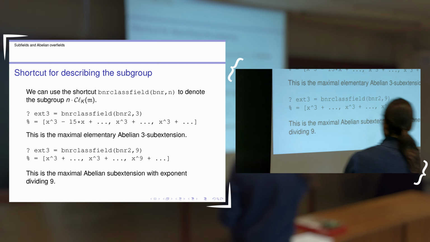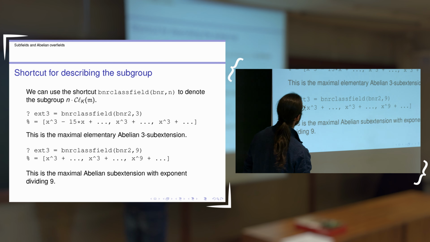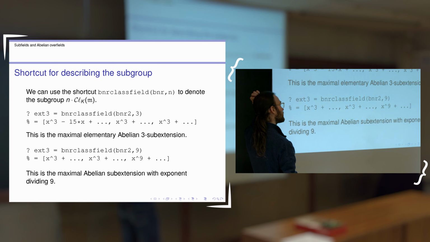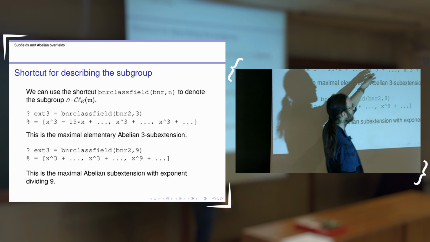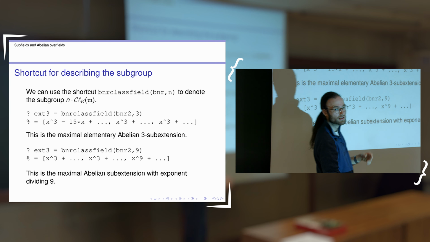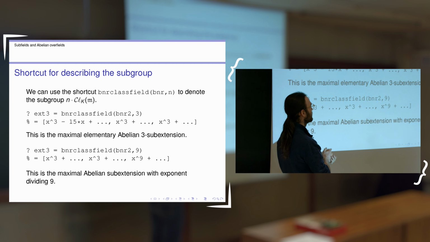Right, yeah, so there's a couple of shortcuts. One shortcut to describe a subgroup. One common thing that you might want to do is, for instance, the maximal elementary p-extension for some p.